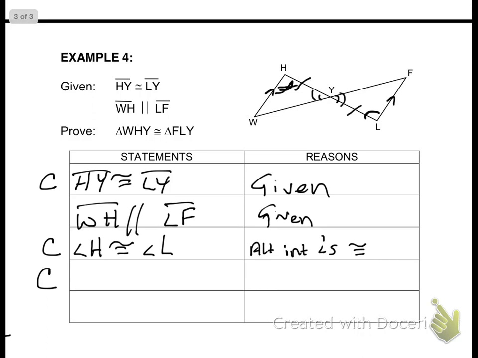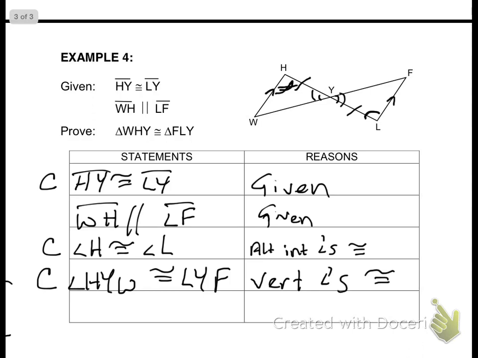So we can say that angle HYW is congruent to angle LYF because vertical angles are congruent. And so now we have our proof statement. Triangle WHY is congruent to triangle FLY, and that one is angle side angle.